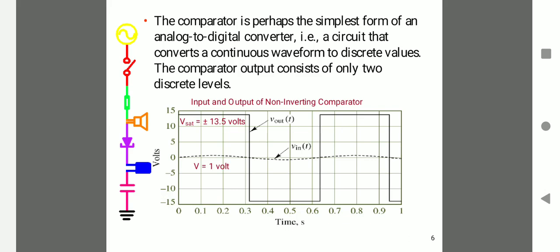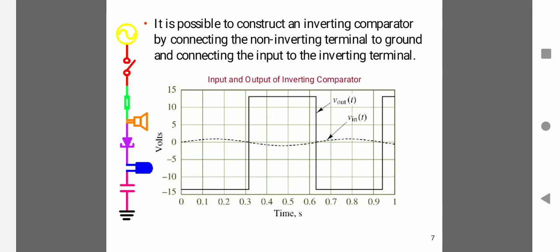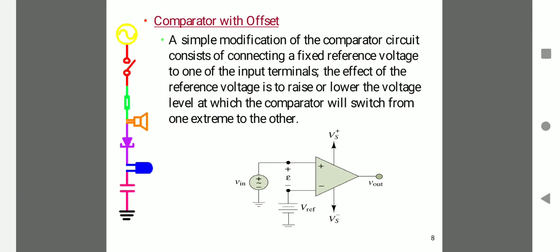Regenerative circuits are used to remove the difficulties in zero crossing detector circuits due to low frequency signals and input noise voltages. It is easily possible to construct an inverting comparator by connecting the non-inverting terminal to ground and connecting the input to the inverting terminal.